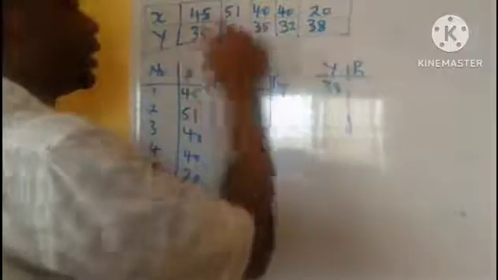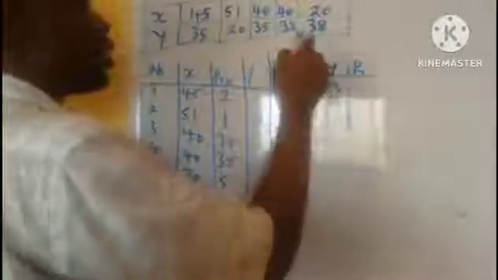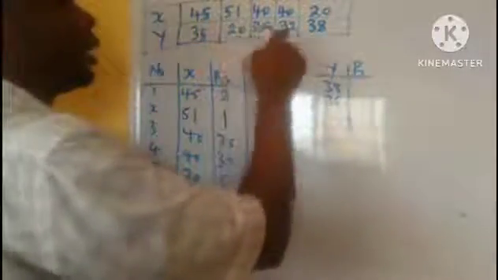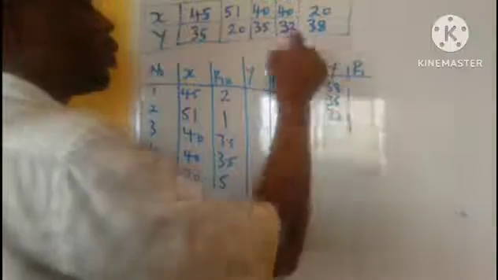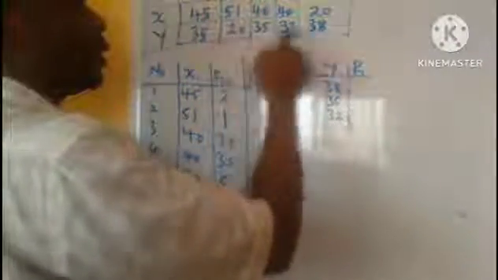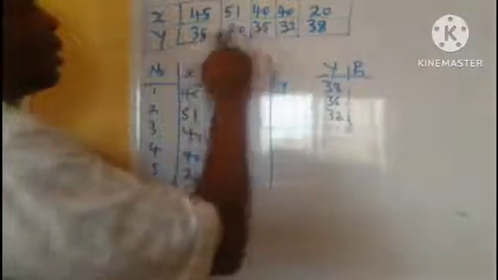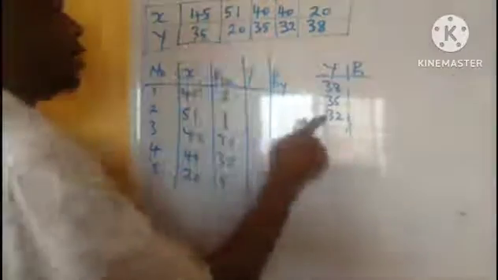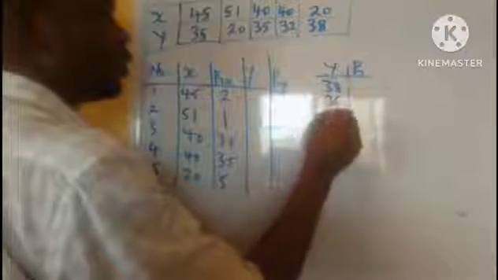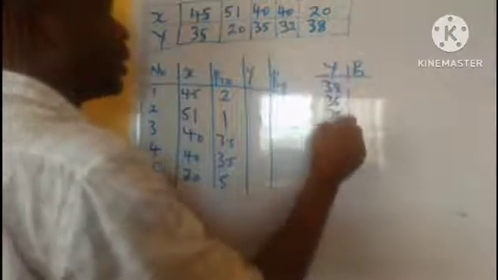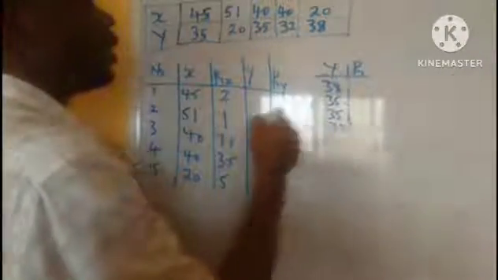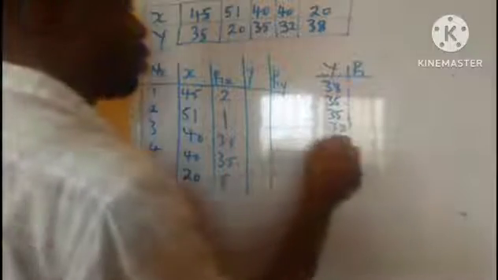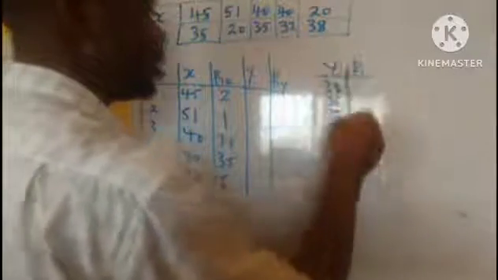Then followed by 35, followed by 35 again, since 35 repeats itself twice. Then followed by 32, then followed by 30, then 20.